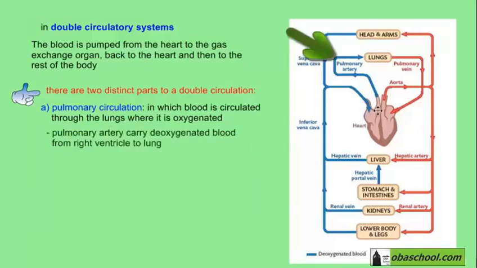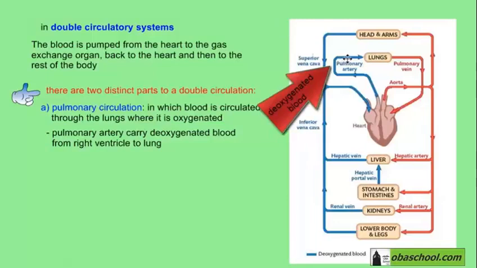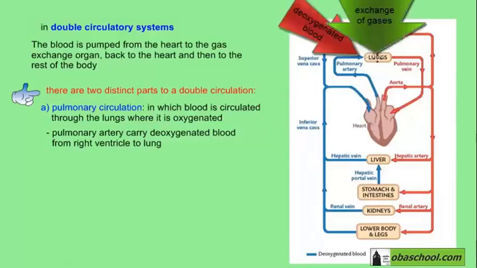In the pulmonary circulation, the pulmonary artery is going to carry deoxygenated blood, so blood poor in oxygen, from the heart, specifically from the right ventricle of the heart, to the lungs. There in the lungs, once the deoxygenated blood reaches the surface of the lungs, we will have gas exchange.